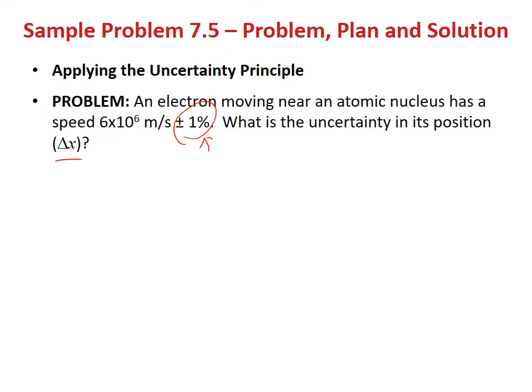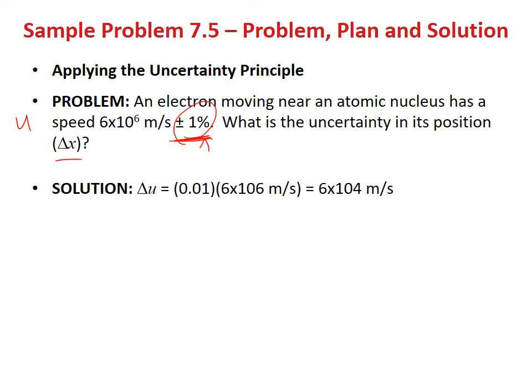For speed u, we need to calculate the 1% uncertainty first. The uncertainty is 1%, which is 0.01, times 6 times 10 to the 6th power meters per second. So this is the uncertainty of the speed, delta u.